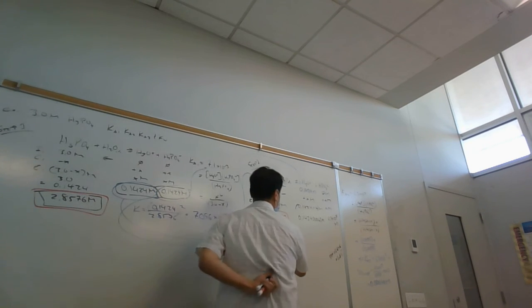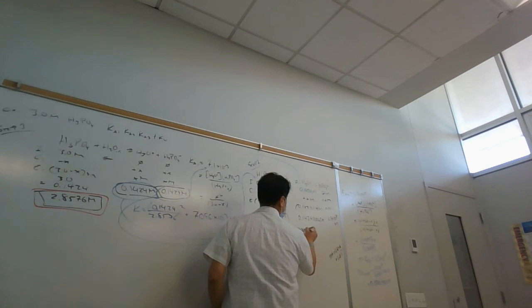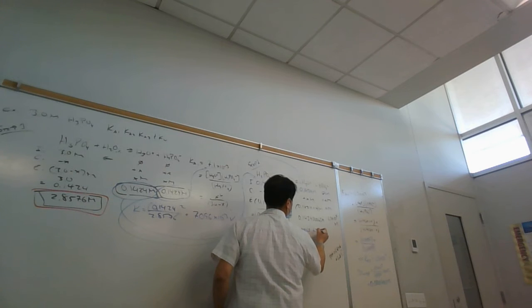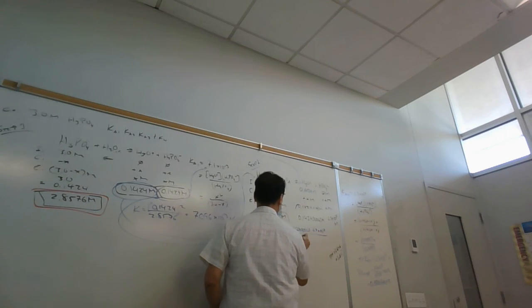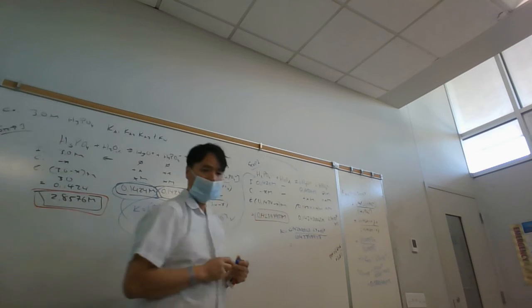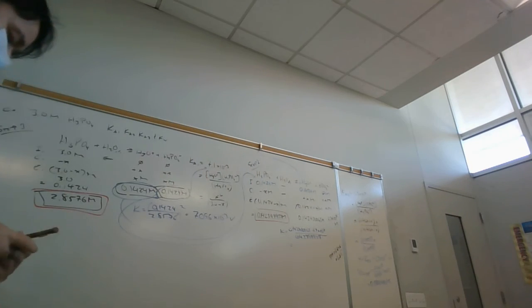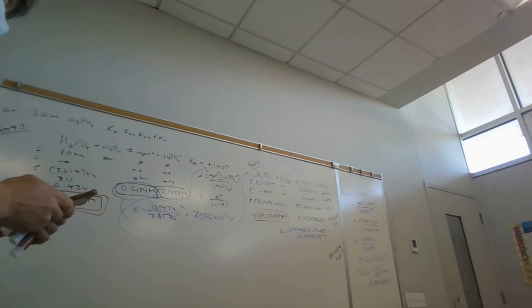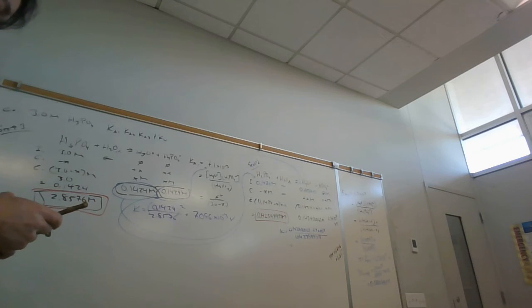Our K value is going to be 0.142400063 times 6.3 times 10 to the negative 8 divided by 0.142399937. You want to carry extra digits to prevent round-off error. Let's see what we end up with here.